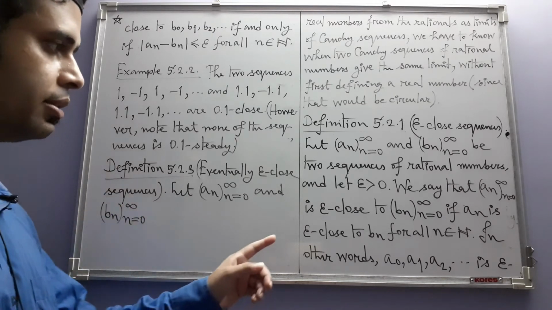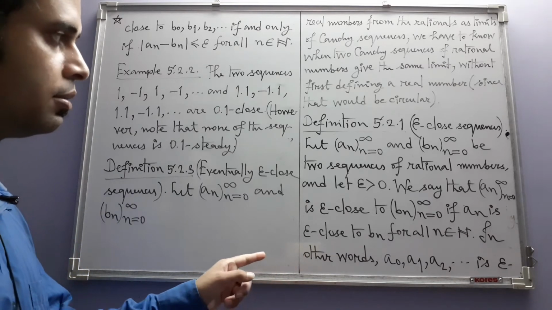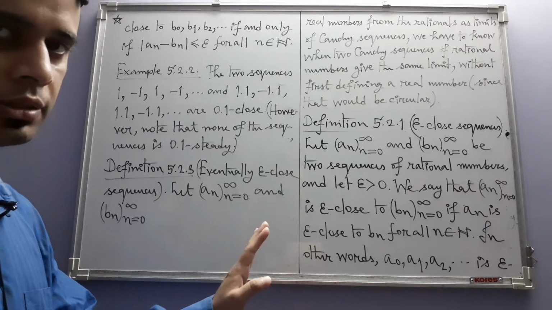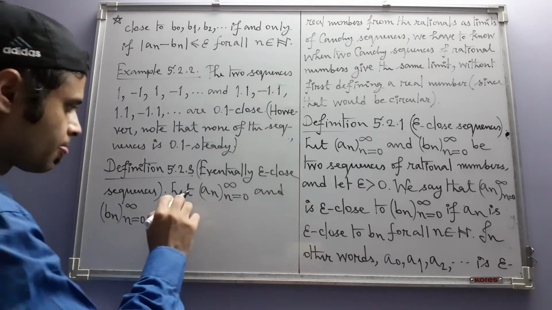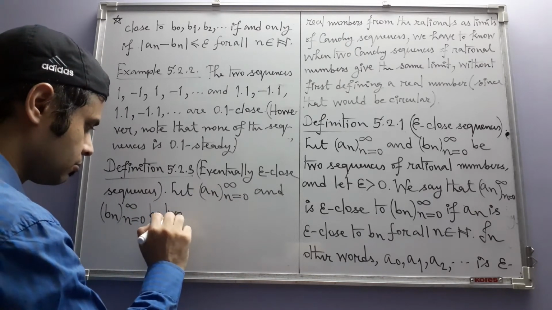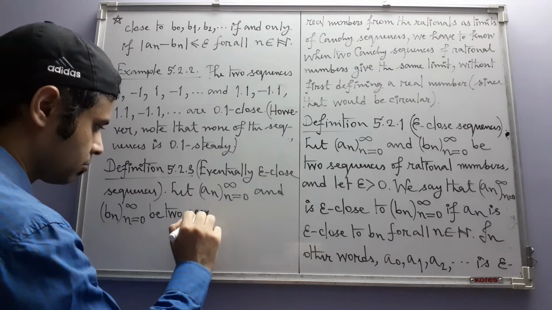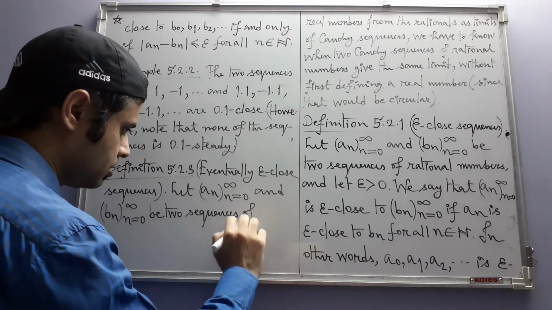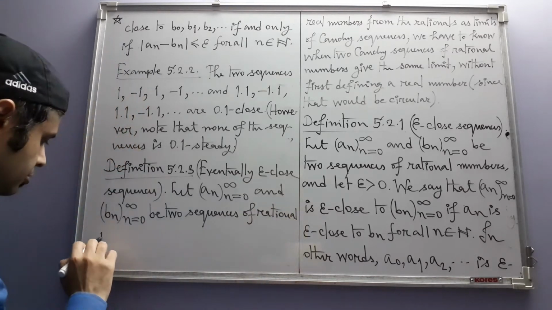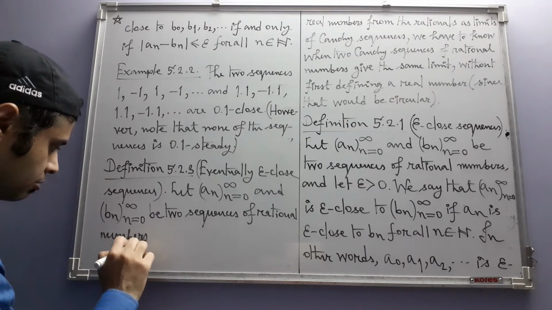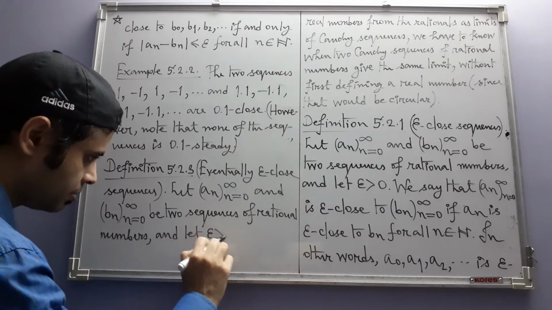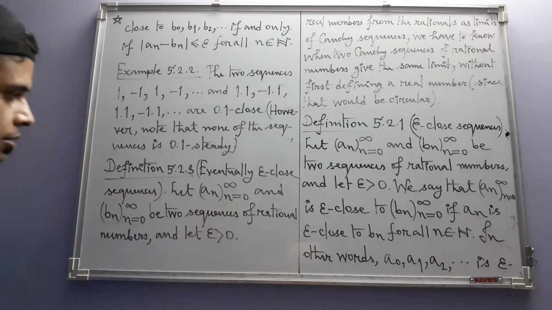Note one more thing, that the definitions we are now making, they are not about just Cauchy sequences, they are for any rational sequences. So let this and this be two sequences of rational numbers, and let epsilon be a positive rational number.